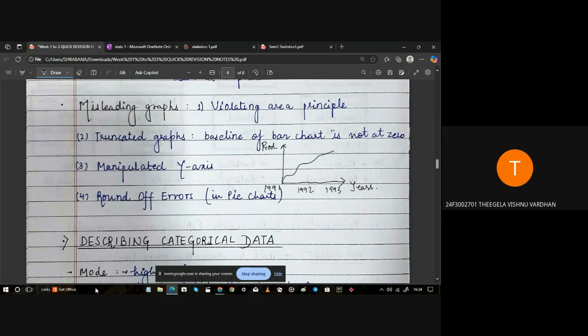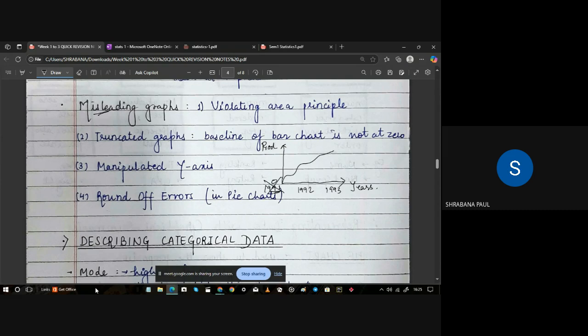The origin is not zero. Yeah, perfect. The origin that I mentioned in the ratio part only. The origin is always zero. This is not. So what is this graph if the origin is not zero? Every graph starts with origin zero. That kind of graph we call a misleading graph. It violates the principle.